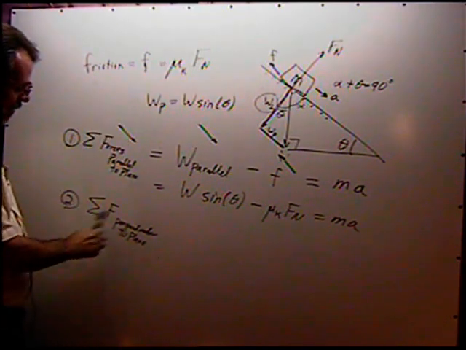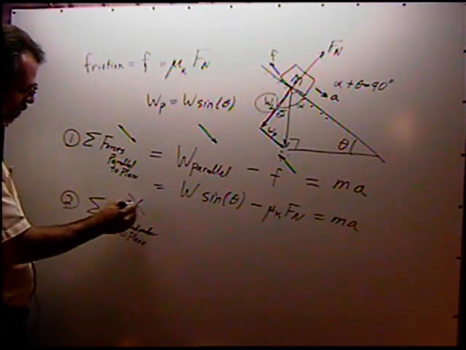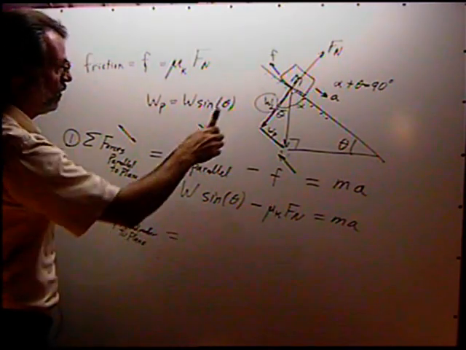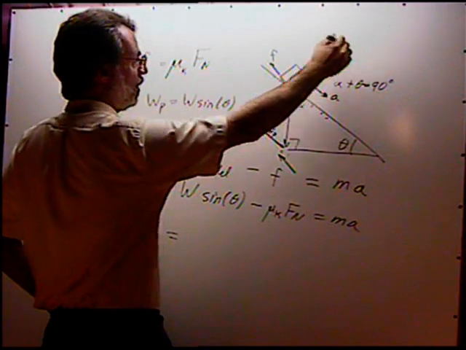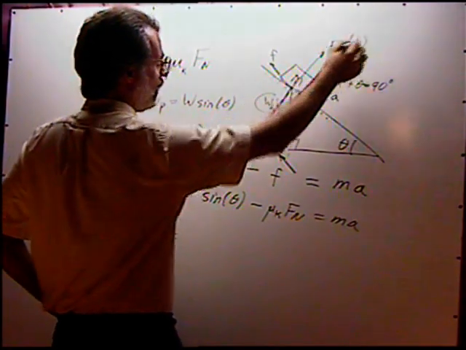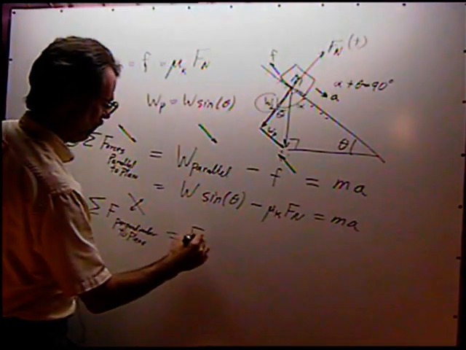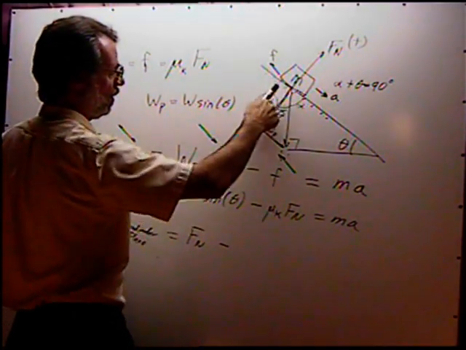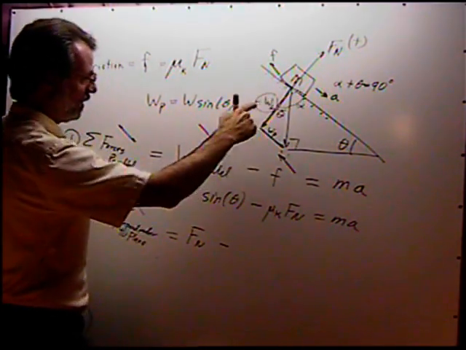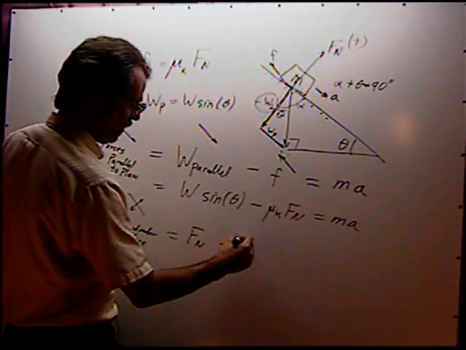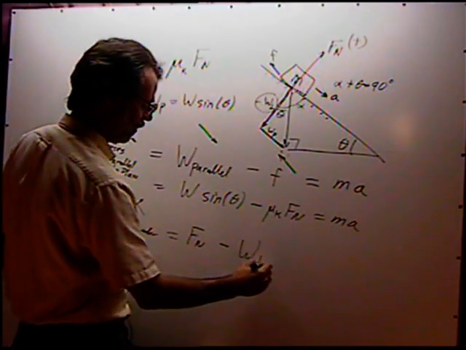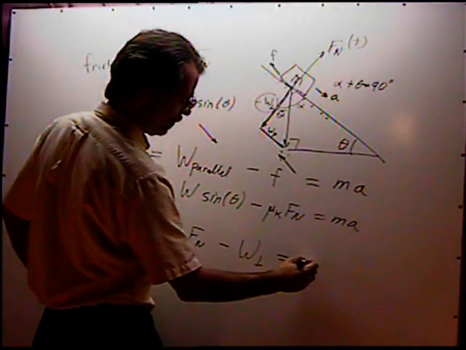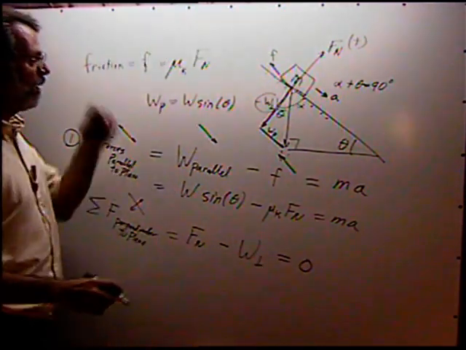The second equation was the sum of forces that are perpendicular to the plane. In this case there are two. We have the normal force, which acts up, and acting down is the perpendicular weight, which acts in the opposite direction, and the sum of those equals 0.